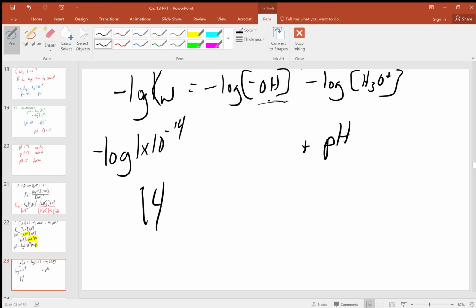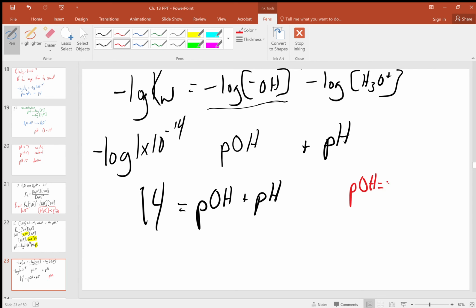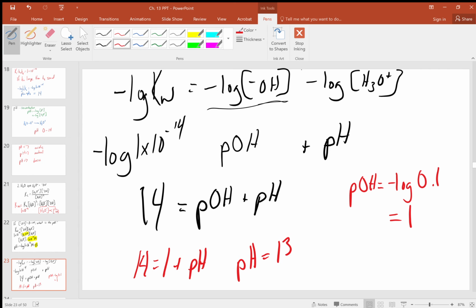And the negative log of OH minus, we could define as pOH. So we could say that 14 is equal to the sum of pH and pOH. In this question, all we need to do then is calculate pOH. pOH is the negative log of, in this case, 0.1, which is equal to 1. So 14 is equal to 1 plus pH, or pH is equal to 13. So same steps, just done in a slightly different order, but same result.